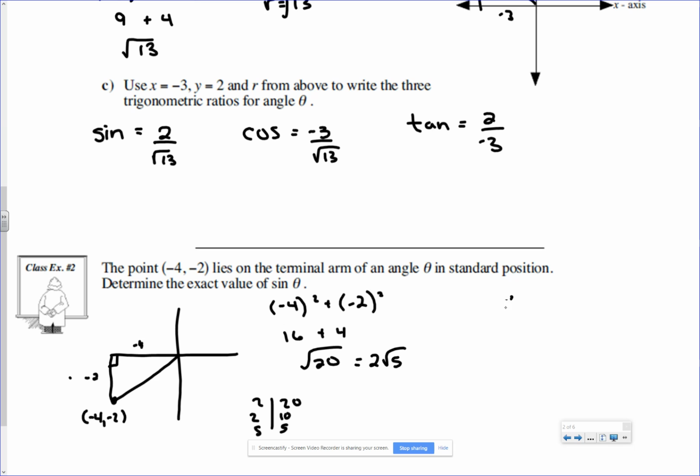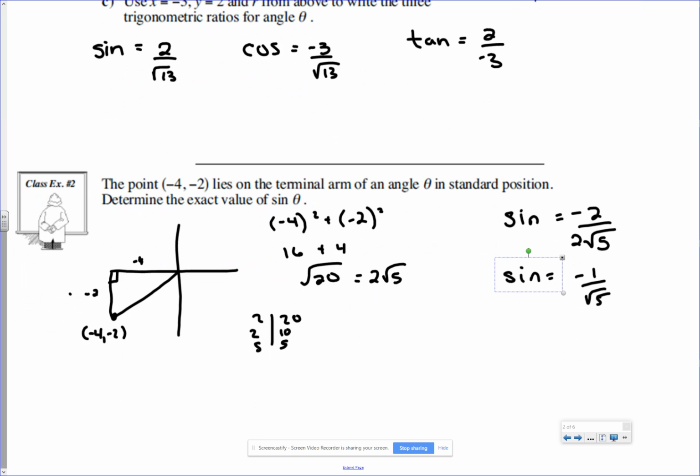So then sine is opposite over hypotenuse. So that would give us -2 over 2 root 5. And that can simplify to -1 over root 5. Now, if you remember, and it is going to come up further in this lesson, we don't really like writing radicals on the bottom of our fractions.